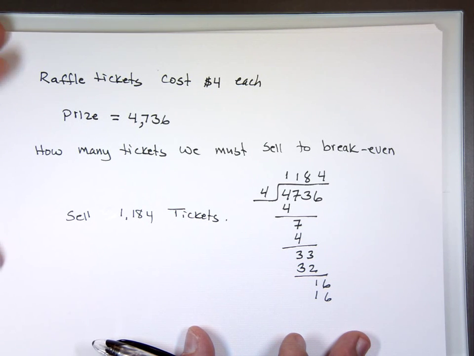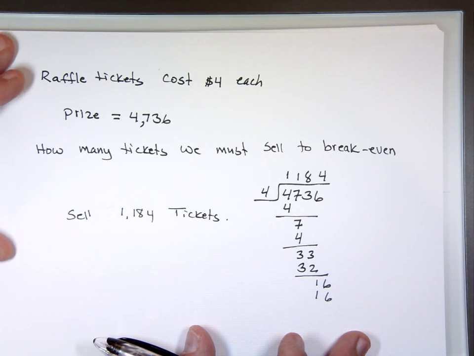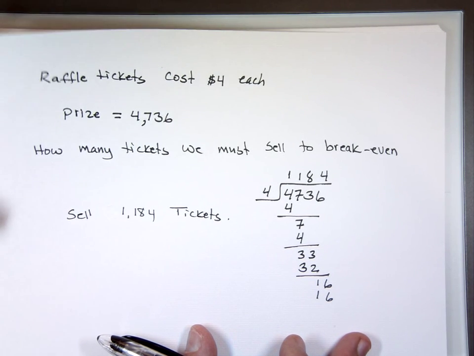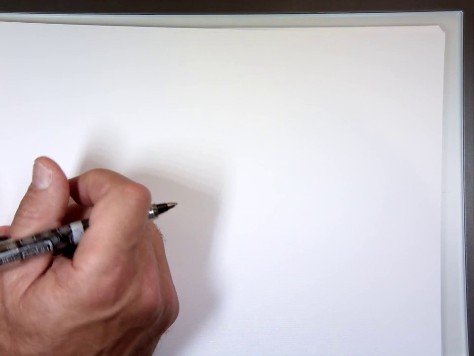Let's try another example, something maybe you can relate to. Let's say you borrowed $1,000. Can't relate to that. Here we go.